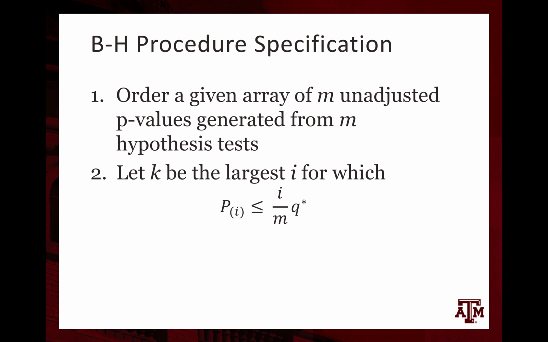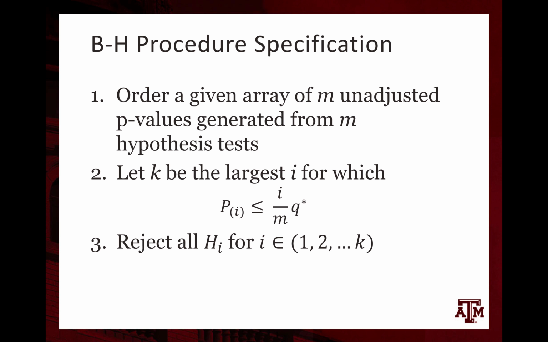That's the index of the array starting at 1, divided by the number of elements in that array, or the number of hypothesis tests that we're conducting, times Q star. And Q star is the expected proportion of false discoveries that we would like to have. This convention is usually set at 0.05, but you could set it at 0.1 or 0.01. It's similar to a p-value in that respect.